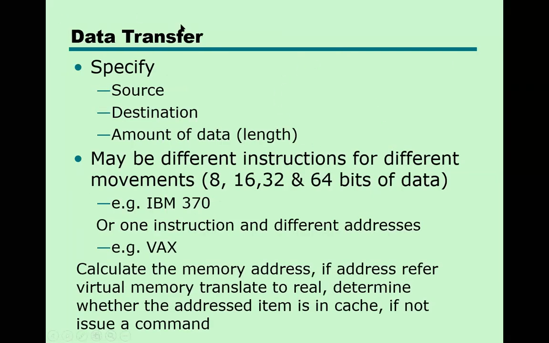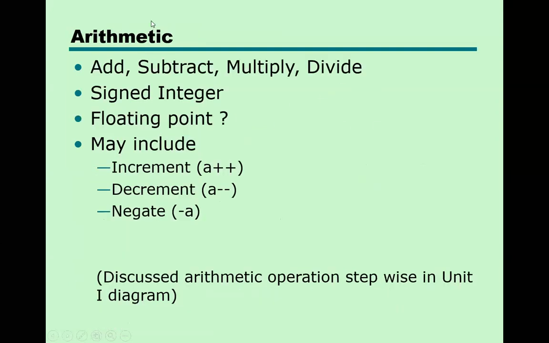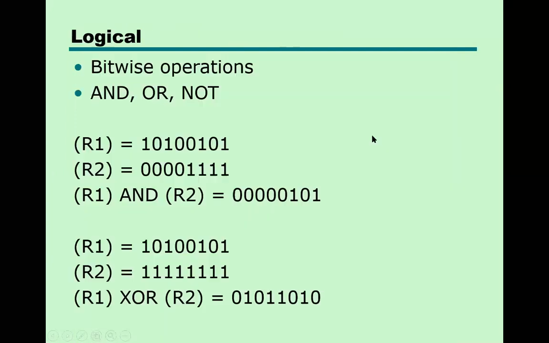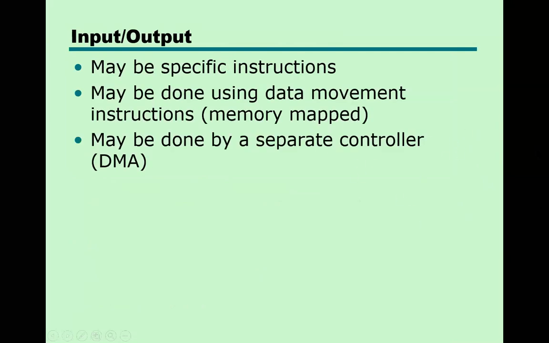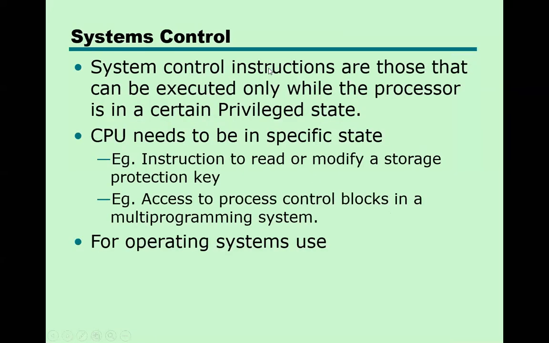Yesterday we discussed data transfer, with the source, destination, and amount of length required. Arithmetic instructions are addition, subtraction, multiplication, division. The logical ones are and, or, not. Conversion is binary to decimal. Input output is like either you are taking an input from the keyboard, or your output will display on output devices, could be your monitor or printer, and for that purpose we use a separate controller like a DMA.